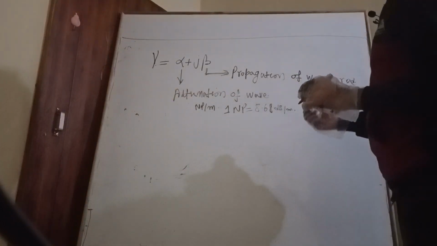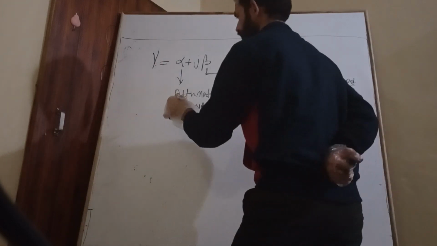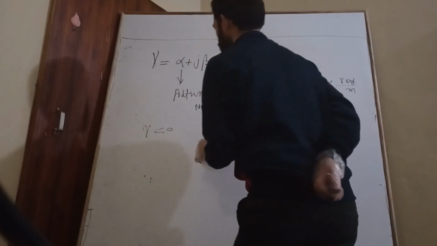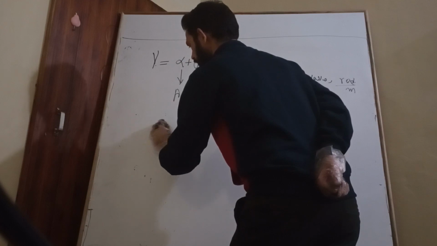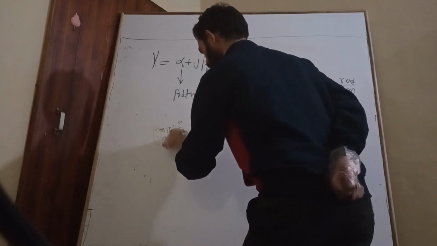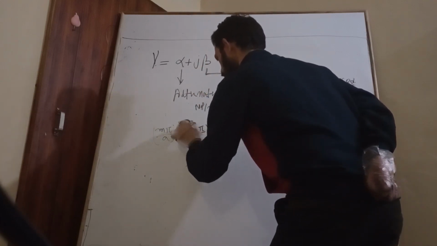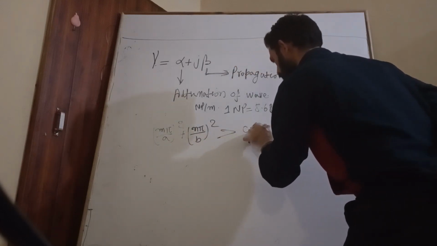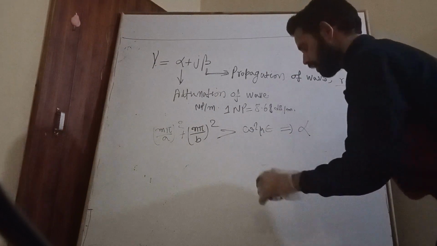Now the question is about gamma. If (m pi by a) whole square plus (n pi by b) whole square is greater than omega square mu epsilon, this implies alpha.